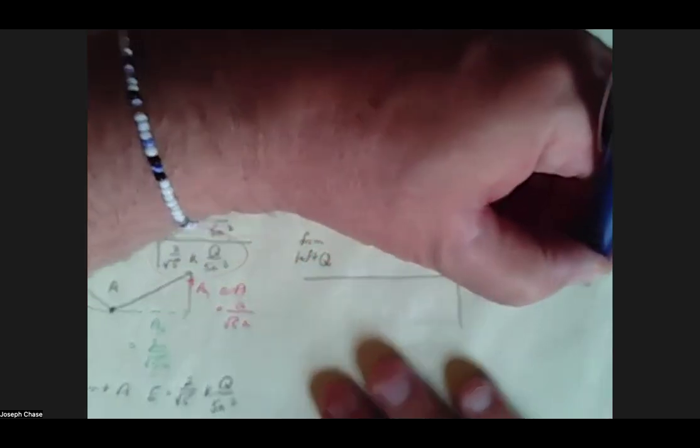We're going to look at what the sum is. And then once we get the sum, we'll do Pythagorean theorem to find magnitude and inverse tangent to find the direction of the resulting electric field.